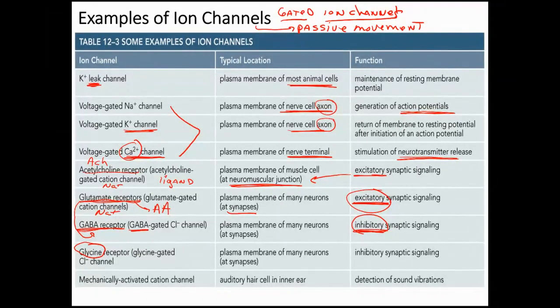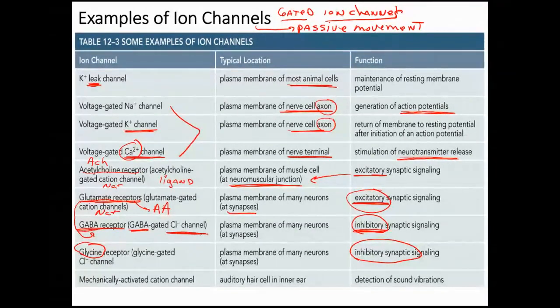So glycine, which is another amino acid, is also another inhibitory neurotransmitter in the central nervous system. And we'll explain a little bit later how they act as inhibitory neurotransmitters.